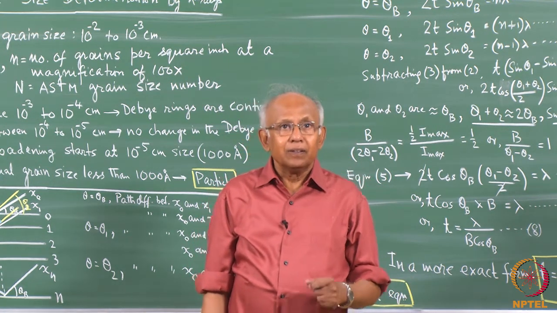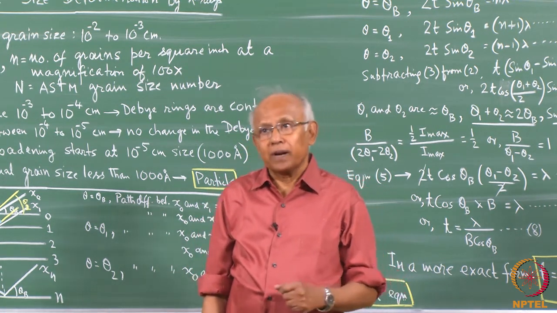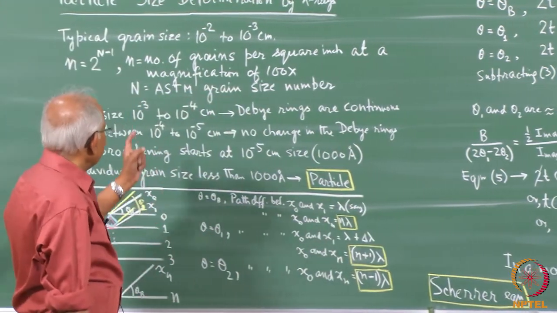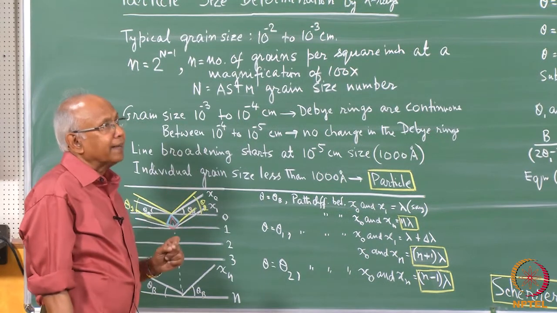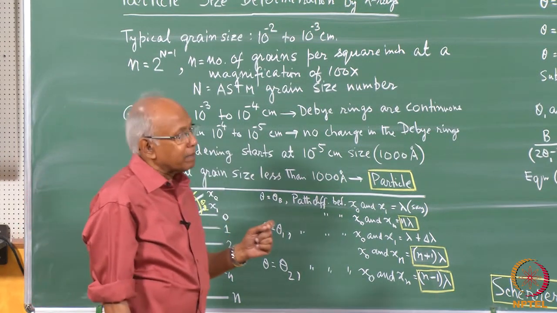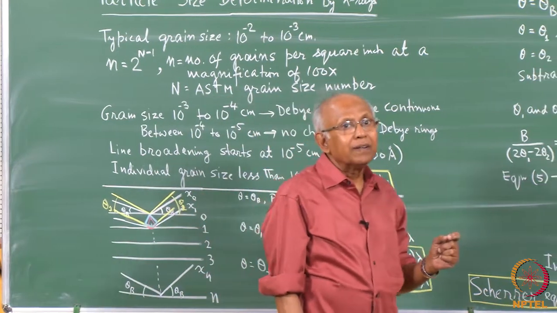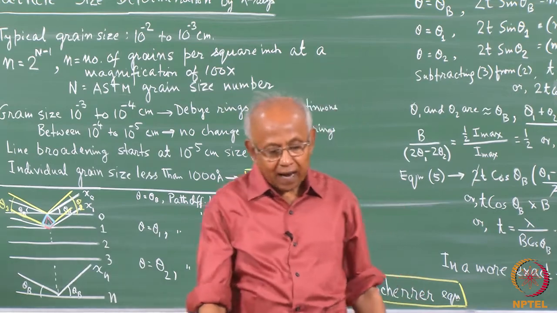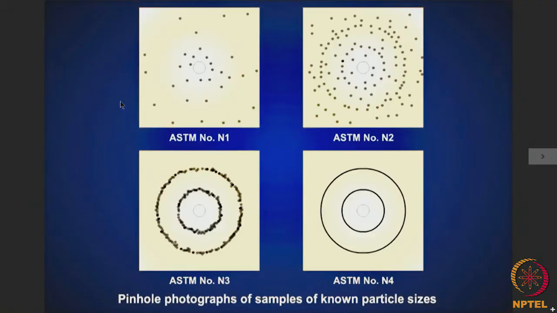Then from those photographs we determine the ASTM grain size number. Then those photographs can be arranged as per the ASTM grain size number, as has been shown here. This is for the ASTM grain size number 1, this is for ASTM number 2, this is 3, this is 4.